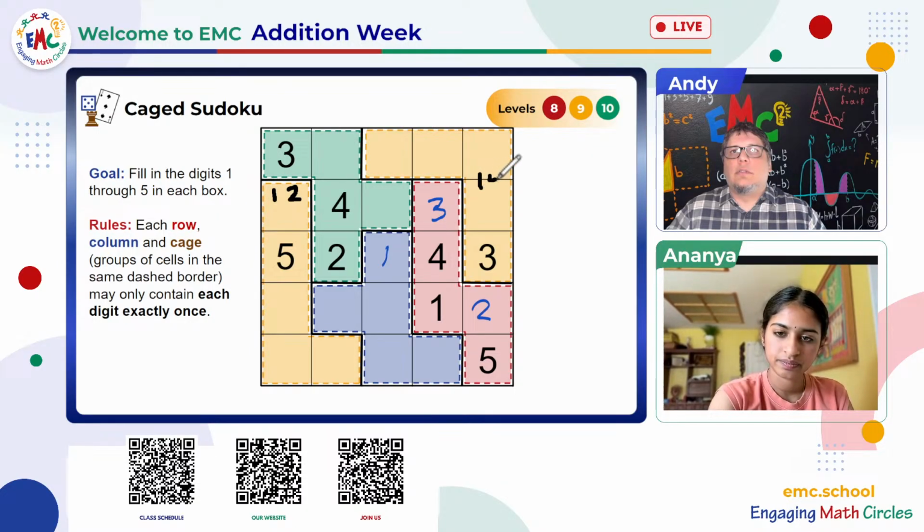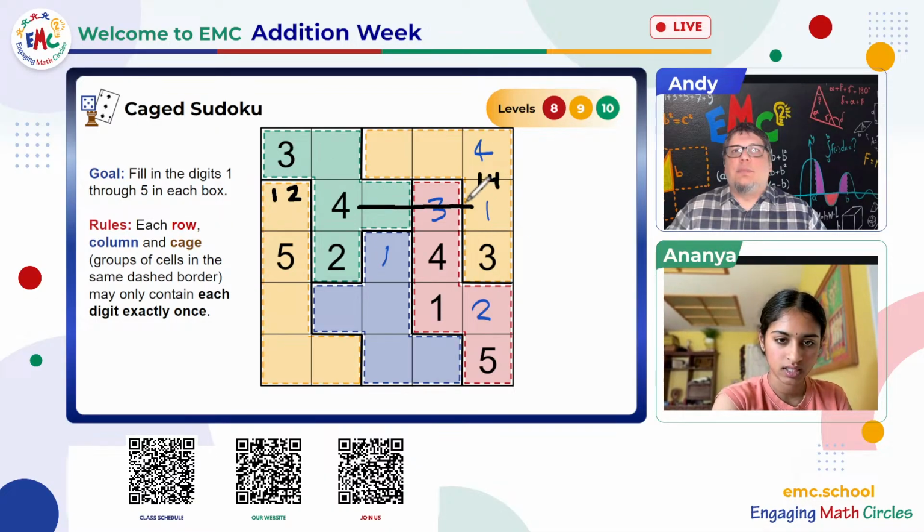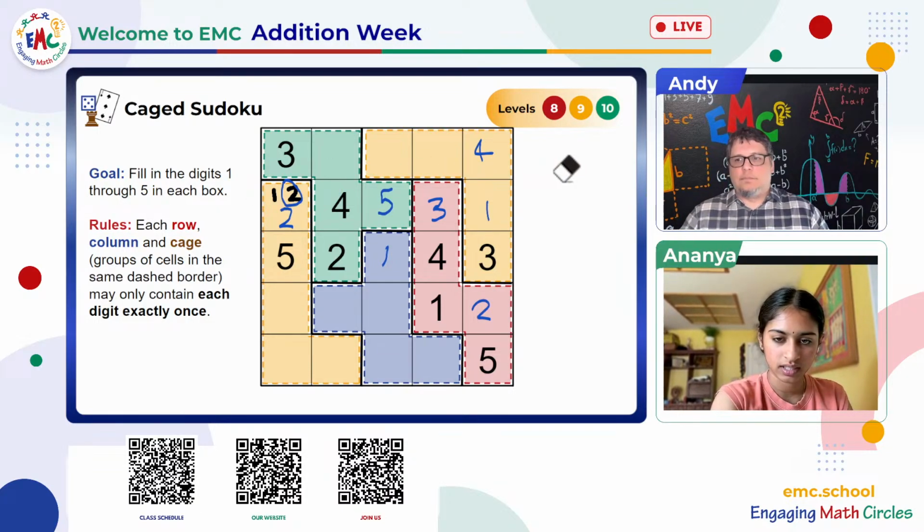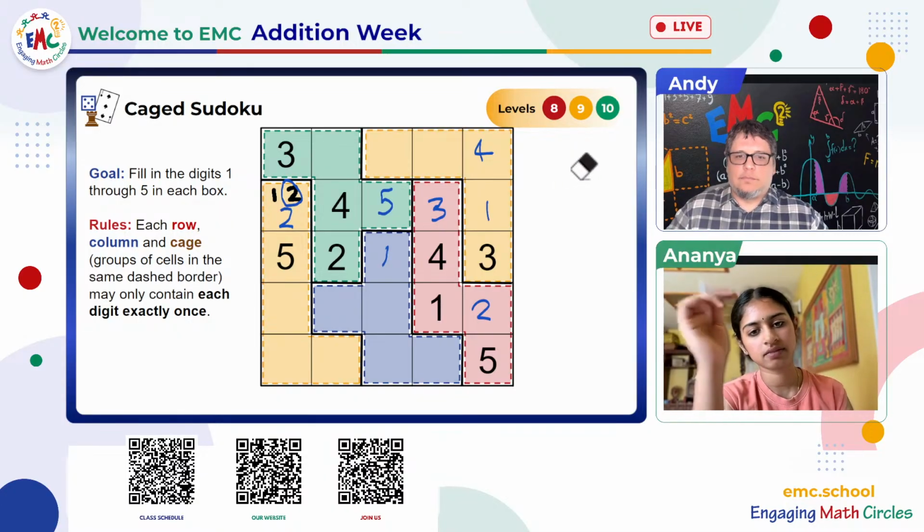So this one has to be 1 up here, or no, other way around. Because this 4 can see this box, it can't be a 1. So then for this one, it would have to be 2 because there's already 1 here. And then the only other number is the 5. Awesome.